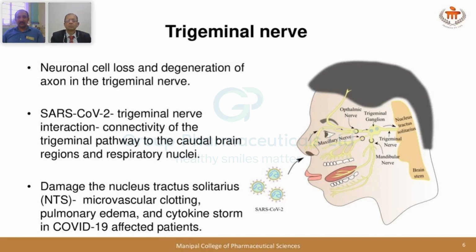So when these respiratory nuclei are affected by the entry of the SARS-CoV-2 virus through the trigeminal nerve, that results in several problems such as microvascular clotting, pulmonary edema, and also the cytokine storm that results in severe respiratory depression, which is not associated with the lungs or the peripheral system, but comes through the trigeminal nerve, nucleus tractus solitarius connection with the respiratory nuclei.